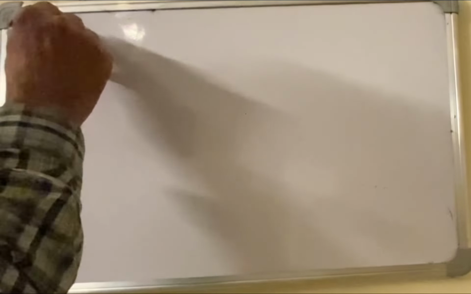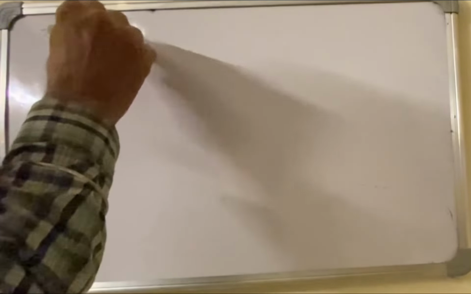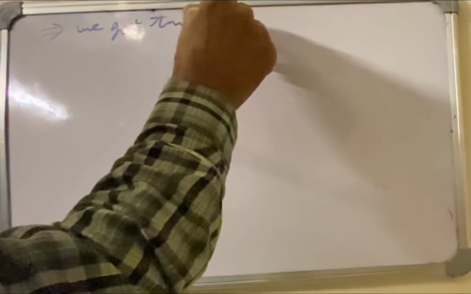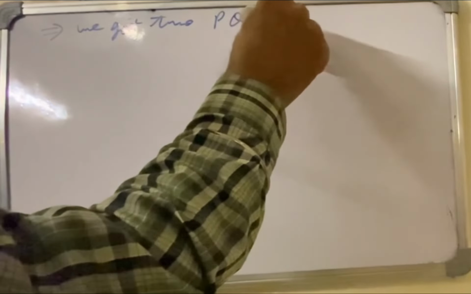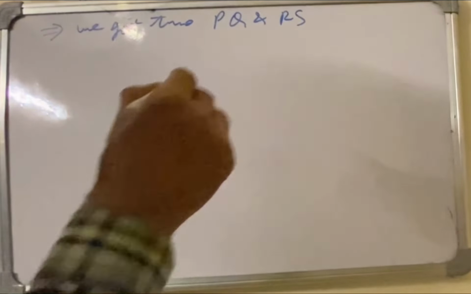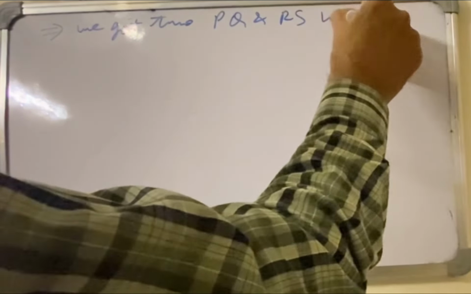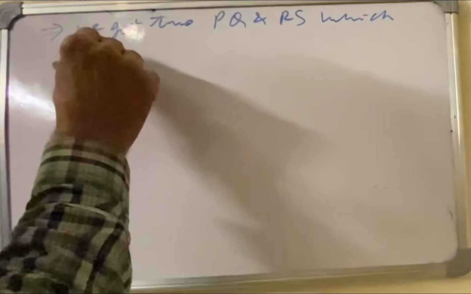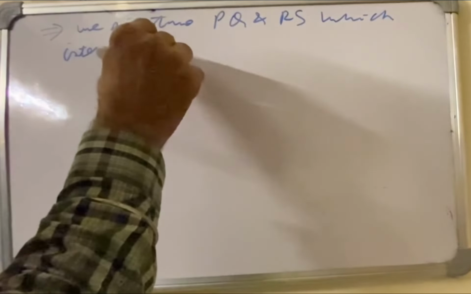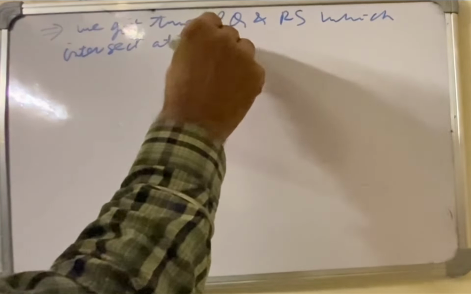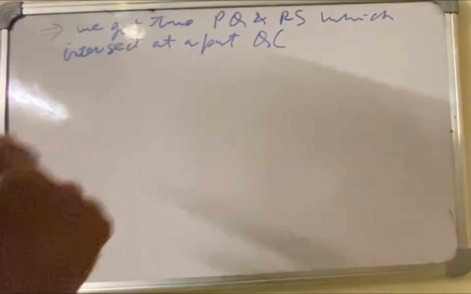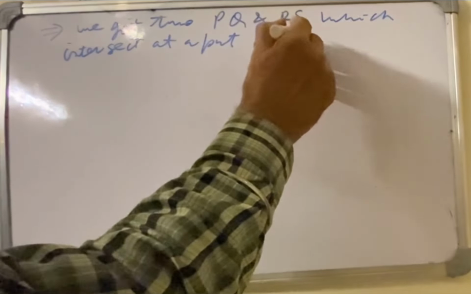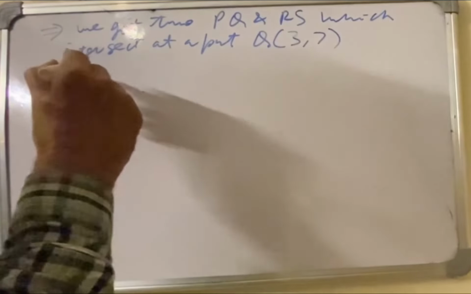Therefore, we get two lines PQ and RS which intersect at a point Q (3, 7).